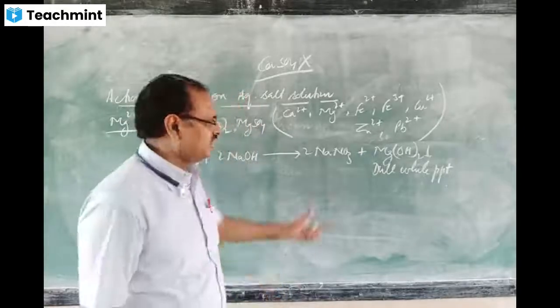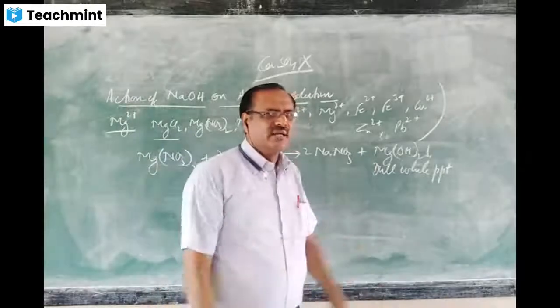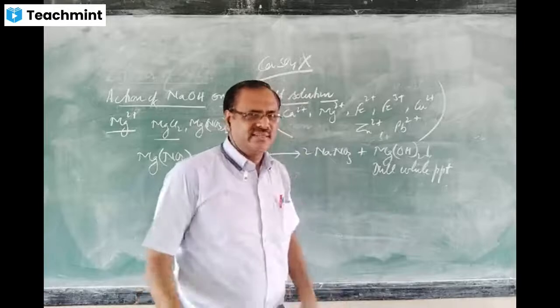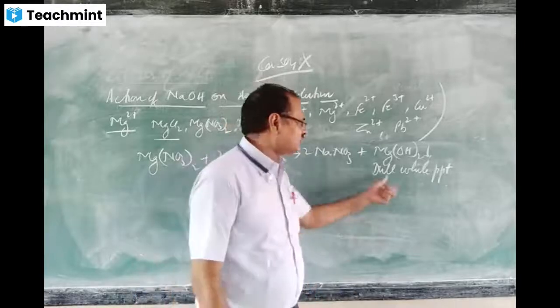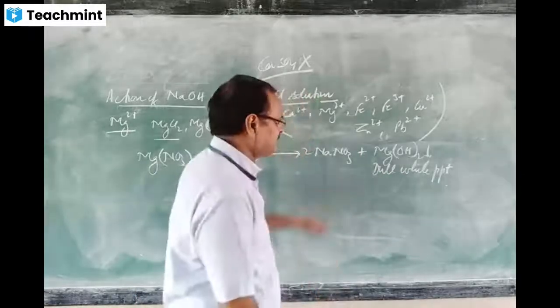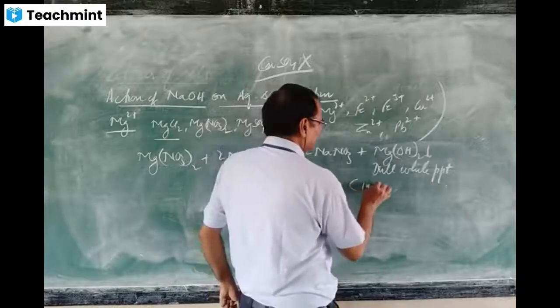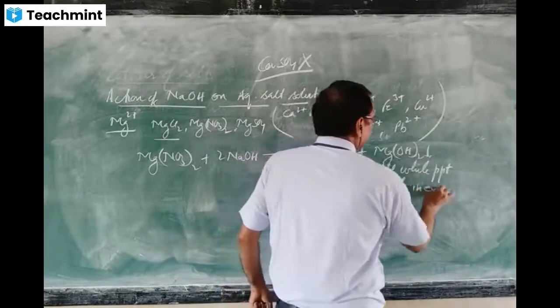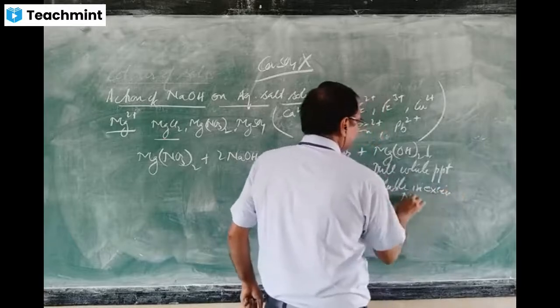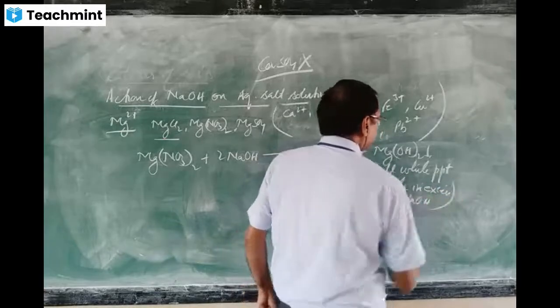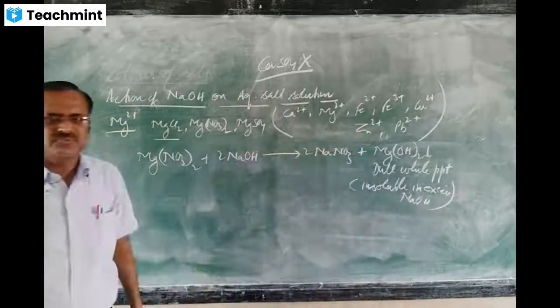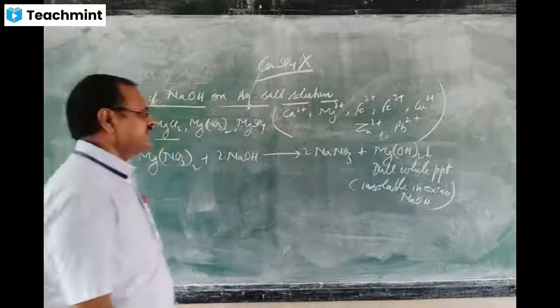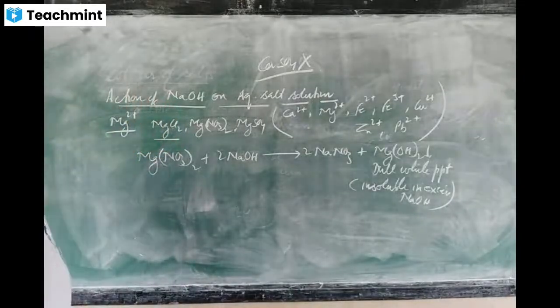That means a little bit of turbidity or dirtiness is there in the white color. This dull white precipitate is insoluble in excess sodium hydroxide.